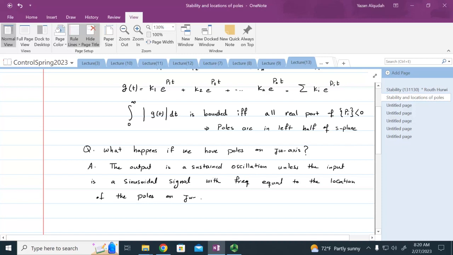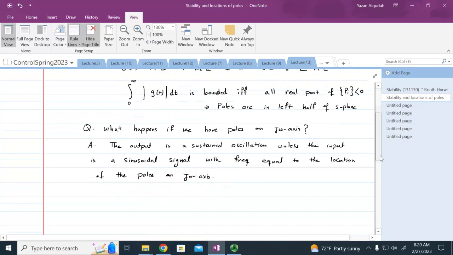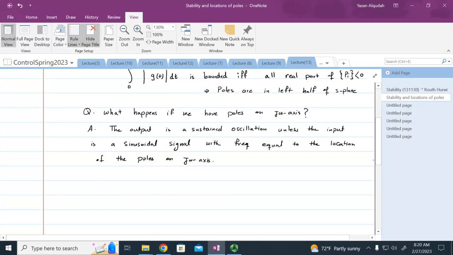What happens in this case? It starts growing, yes. In this case, the response becomes unbounded.